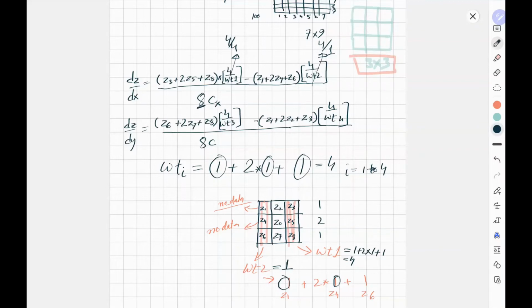So an inside value, this will be also some value, this will be z6, this will be 0, and this one will be 0. So what will happen here? What happened here is that this z6 will be multiplied with 4, okay? Its weight will be considered as more.